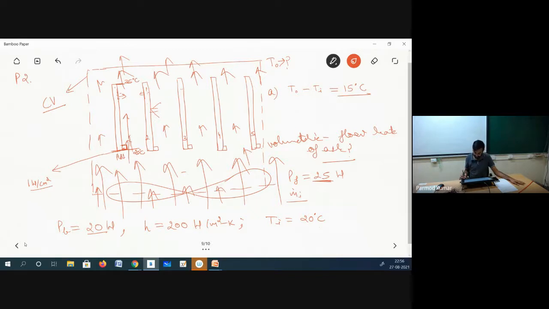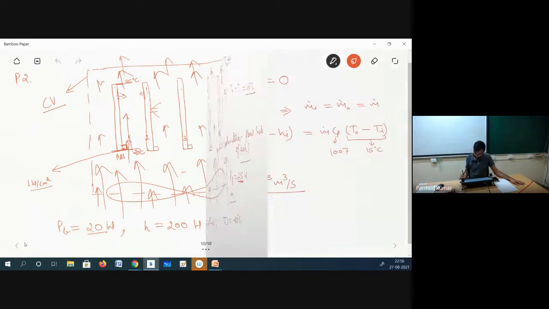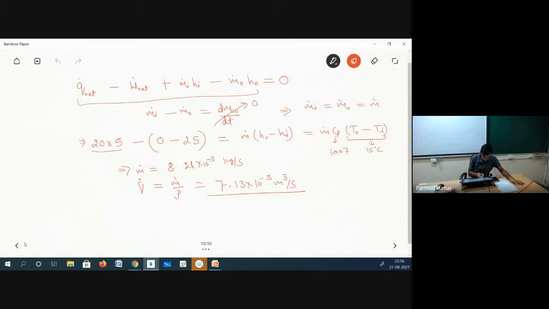Okay, so under this condition, I can write the heat transfer as per Newton's law of cooling: Q equal to hA into Ts minus T infinity, where T infinity is the temperature of the fluid. So now I can write it in the form of heat flux as Q by A equal to h into Ts minus T infinity.